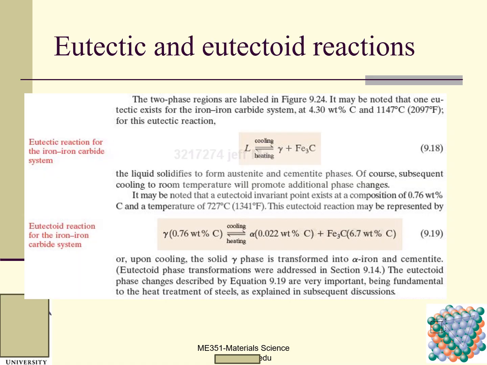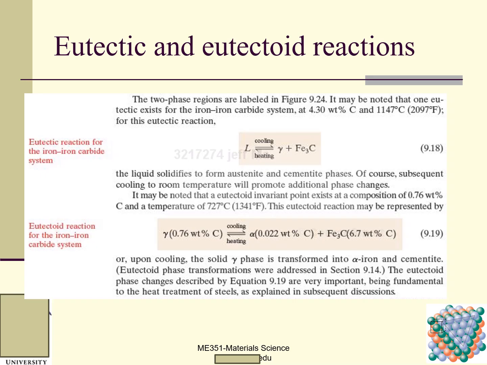Then we talk about eutectic and eutectoid reactions for this specific iron-carbon, iron-cementite phase diagram. Here is the eutectic and this is the eutectoid. Eutectic: liquid goes to gamma plus cementite. Eutectoid: gamma goes to alpha and cementite, with the composition also written here.